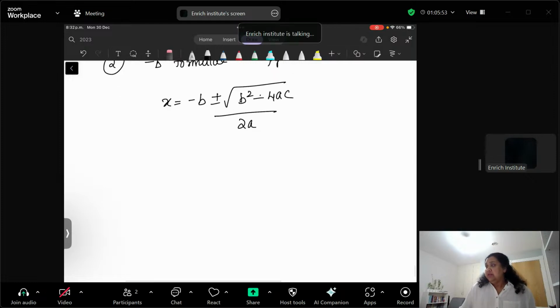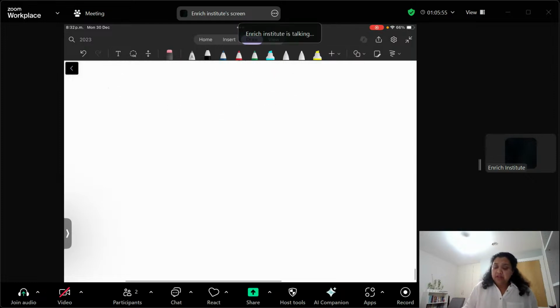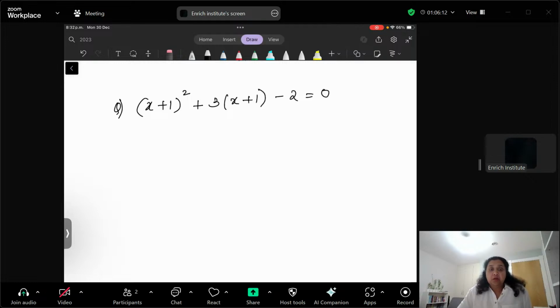Again, here there is another pattern of questions which will be asked. It is like repeating ones. For example, if the question is something like (x plus 1) the whole square plus 3 into (x plus 1) minus 2 is equal to 0, solve it for x.